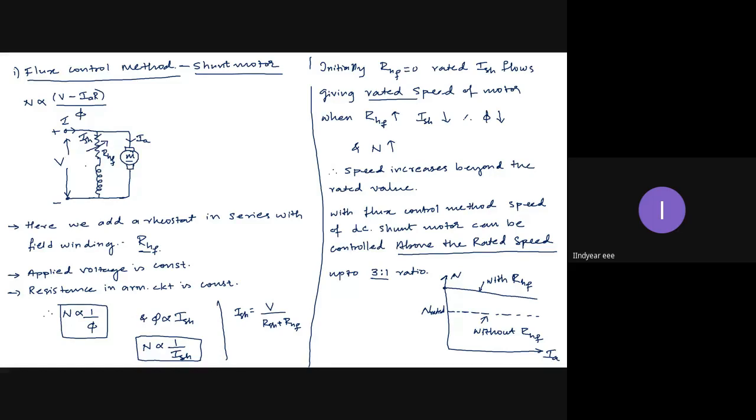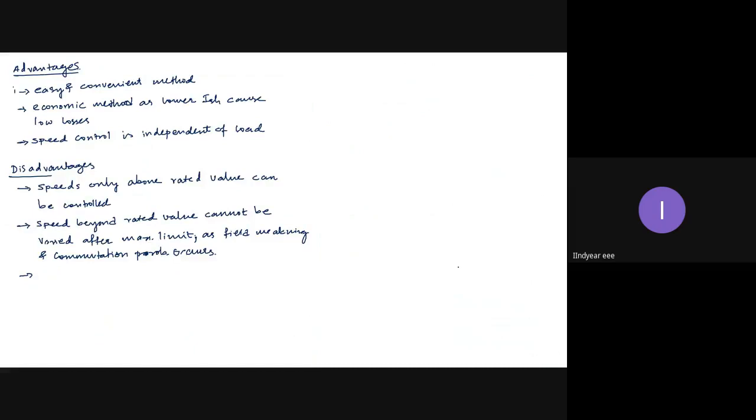Once I start increasing the field rheostat, the shunt current decreases, flux decreases, therefore speed increases, and the speed increases only beyond the rated speed. Okay, so flux control method gives a speed control above the rated value. So this is the gist of flux control method. Next is armature control method.